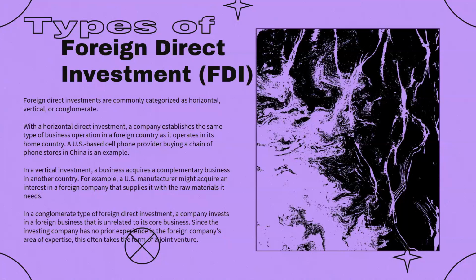In this case, since wala kang expertise in that particular line of business, you simply provide resources. So baka ikaw yung financier, and the other party in the joint venture will be the ones still operating the business.